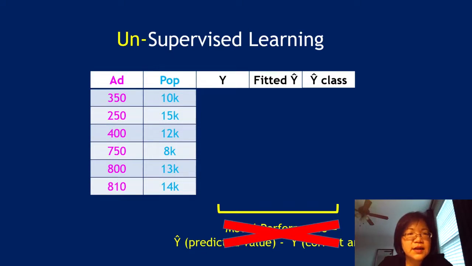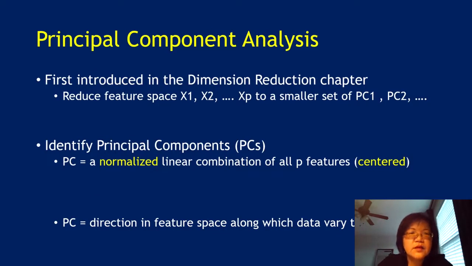So in this particular case of unsupervised learning, when we only have the X features, instead of trying to get the model to predict the correct answer, what we're trying to do is really just look for patterns in your X values and try to classify them in a meaningful way.